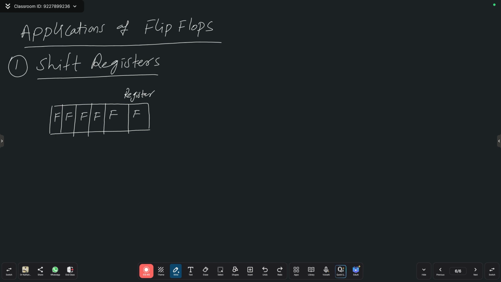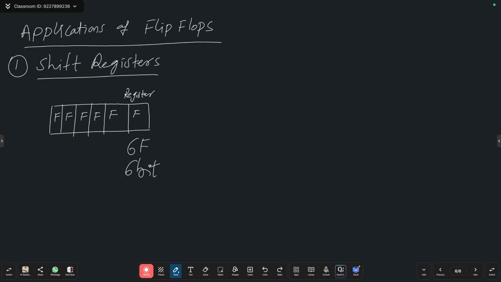Because this shift register contains 6 flip-flops, it is going to store 6 bits of information. Got it? Very, very important point it is.